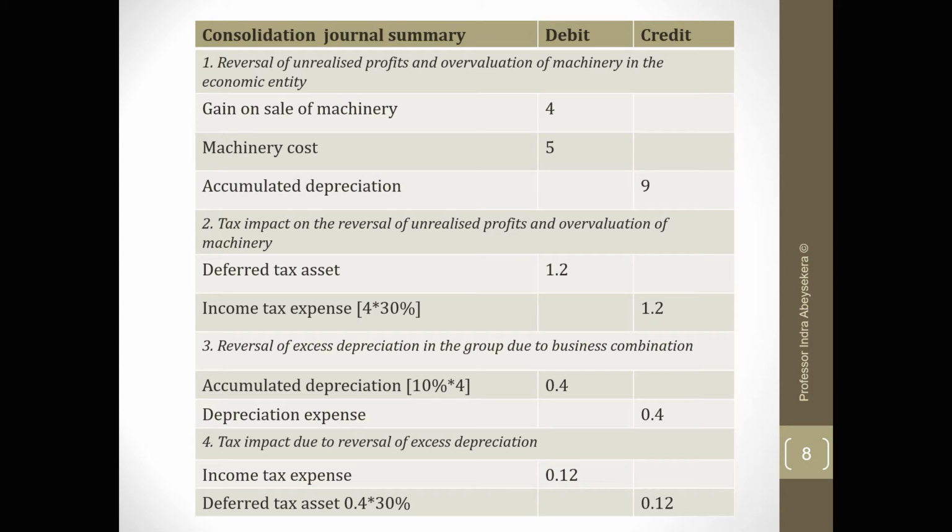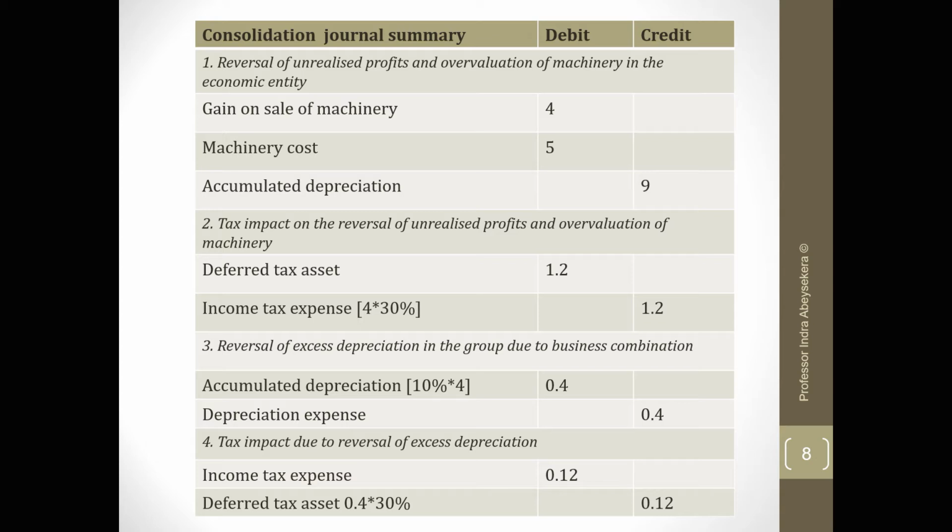Now we decrease the expenses, which means the profit increases. Because profit increases, we now need to increase the income tax expense. 0.4 into 30% is 0.12.